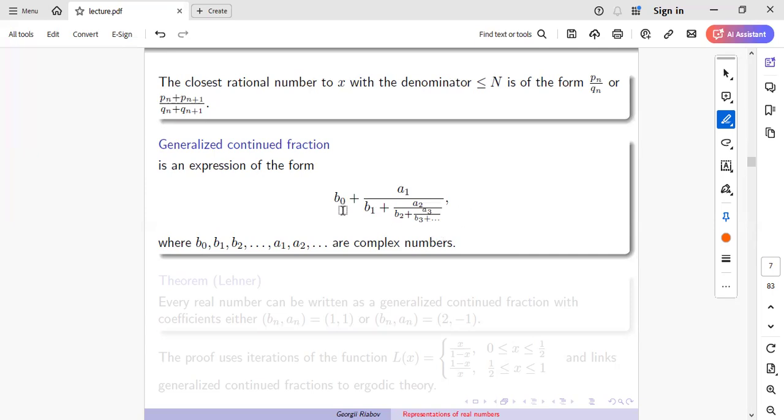And b0, b1, b2, and so on as well can be complex numbers.